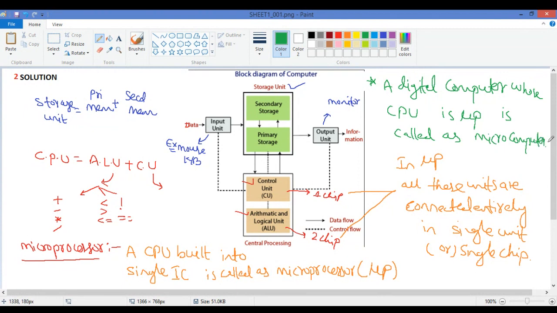Microcomputer. Understood? Does any one of you have any question? Did all of you understand? If you have any questions, please ask.